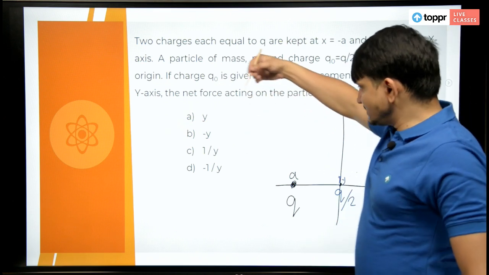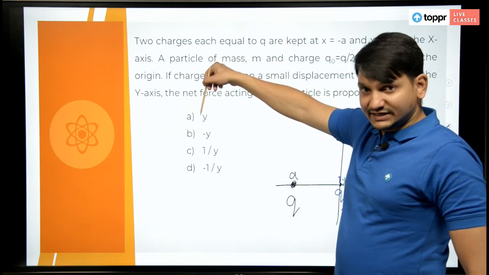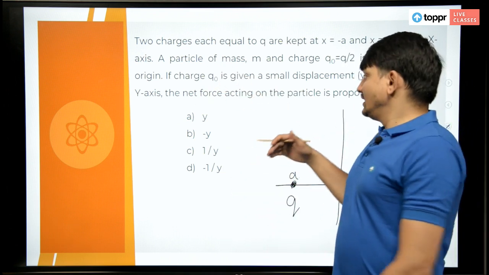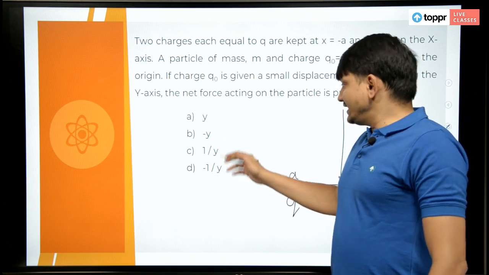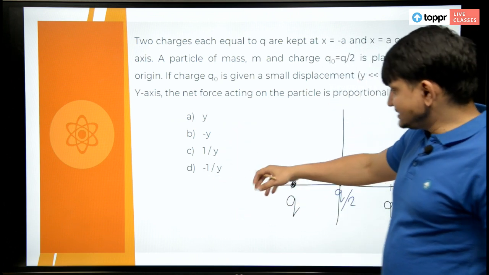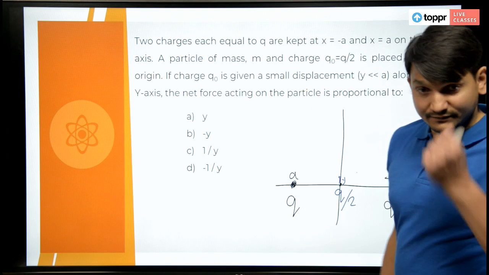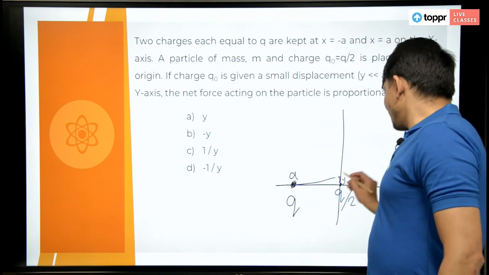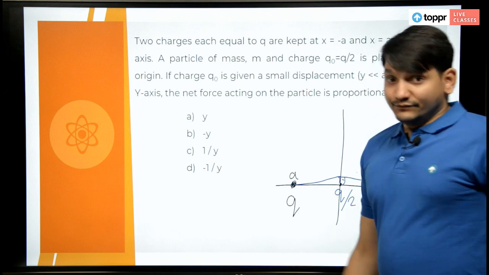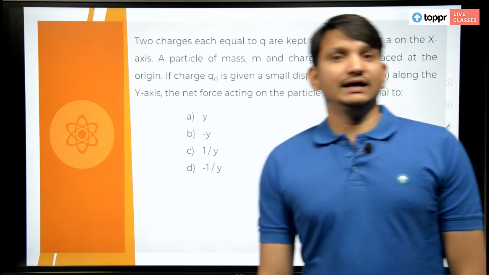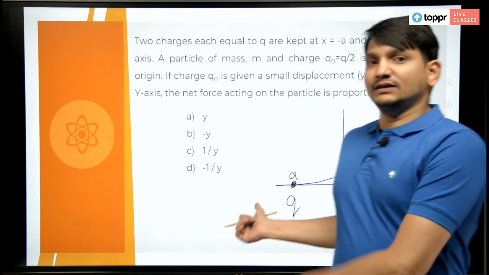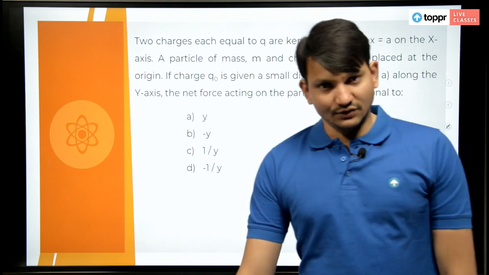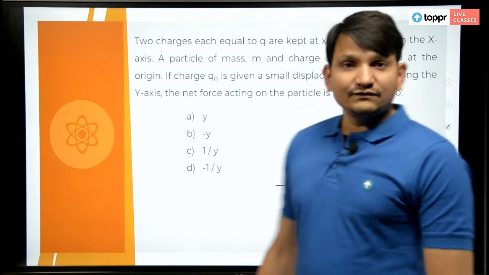Is it proportional to positive y, is it proportional to negative y, is it proportional to 1 by y, or is it proportional to negative 1 by y? So you can find it out by making approximations. I want you to work it out, and hopefully we'll discuss the rest of it in the next few sessions.